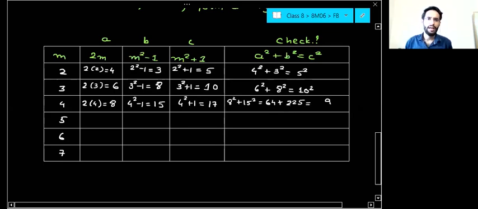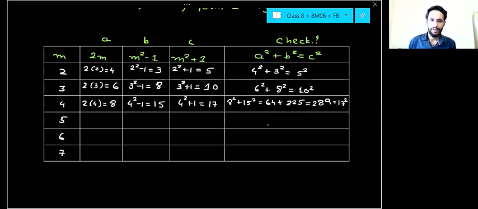The sum is 289, which is 17 square. So this is also true. Is it clear, everyone? Like that, you can check for every other value of m, like 5, 6, and 7. I think this many examples are enough.